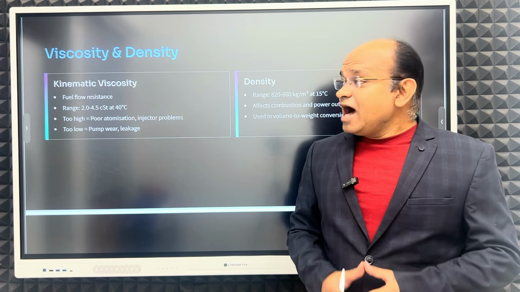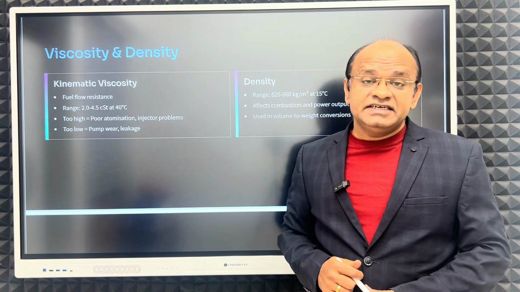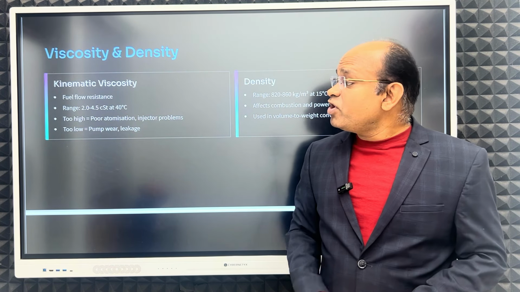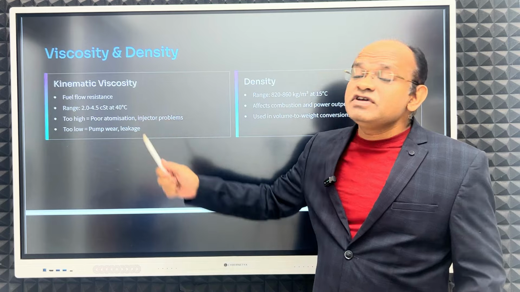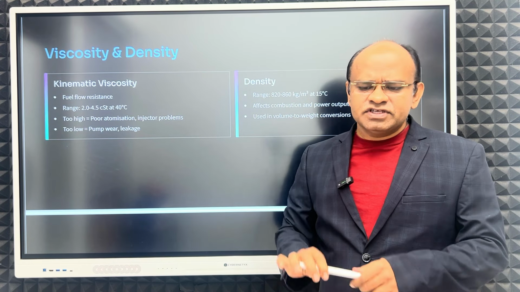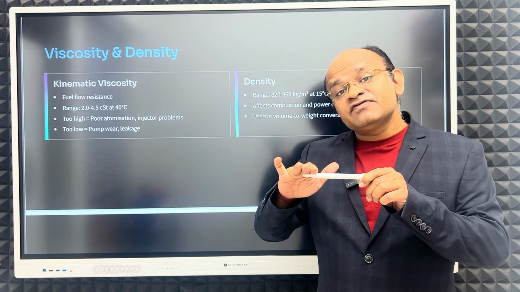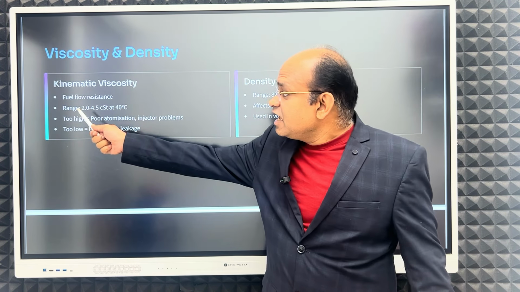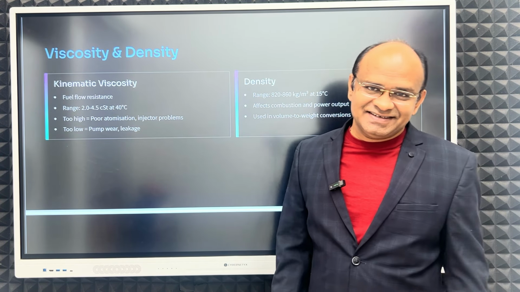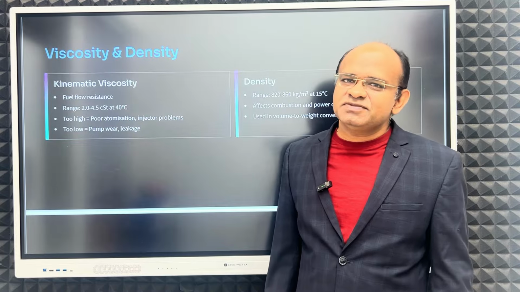Simple. Now, viscosity and density. Why is this very much important? Kinematic viscosity means how your fuel flows on any surface. Fuel flow resistance, that is viscosity in simple terms.